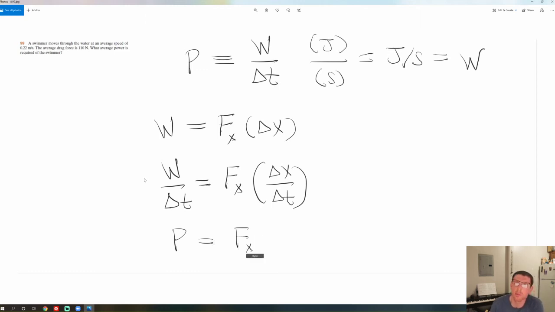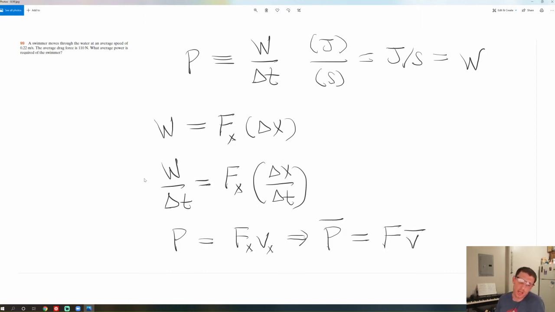And thinking back to kinematics, what is delta x over delta t? It's just v. We can write v sub x if we want to be careful, but I'm going to drop the subscripts now and write that P average is given by F v average.